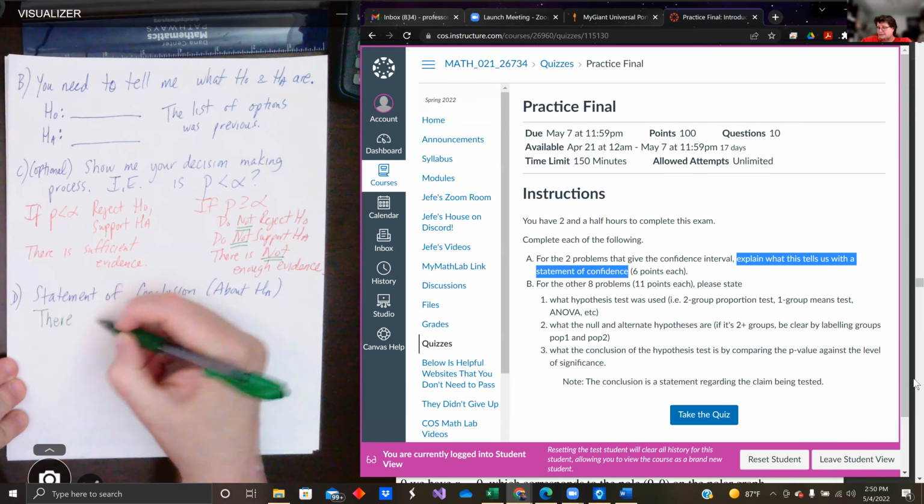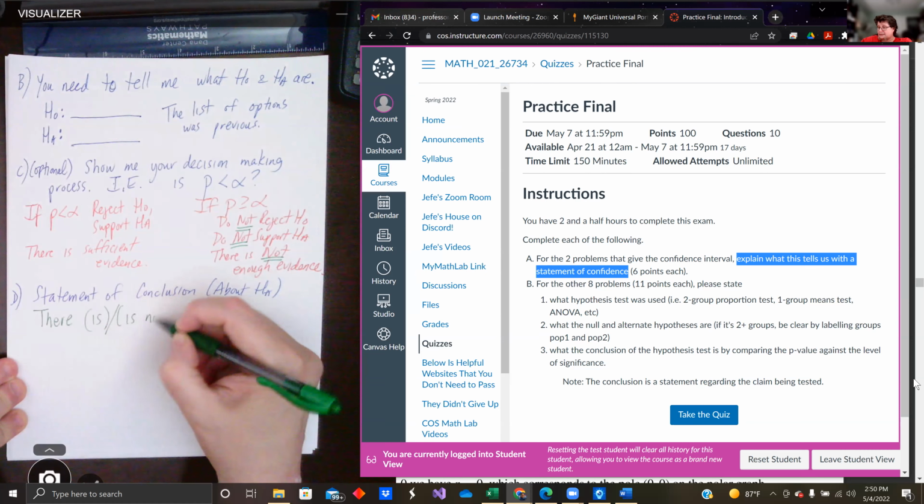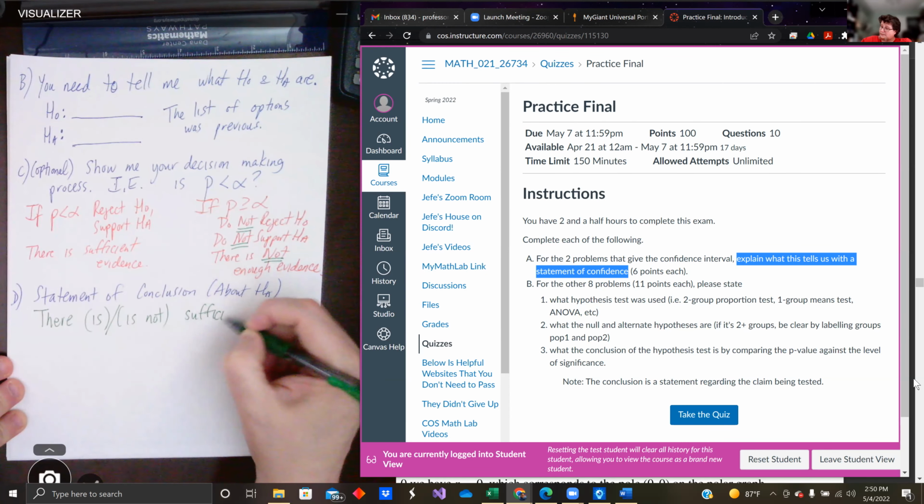There is / is not sufficient evidence to support the claim that, and then here you want to paraphrase HA.